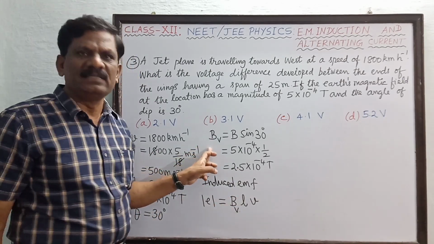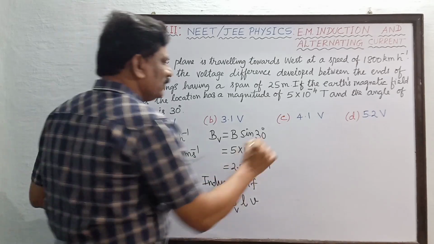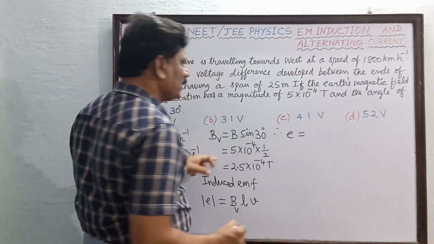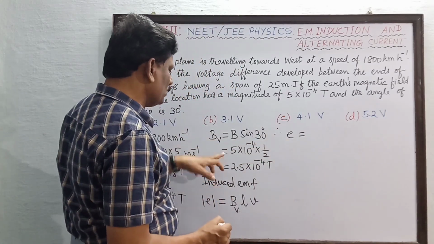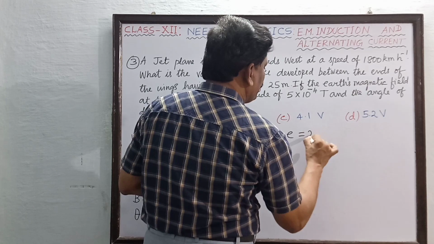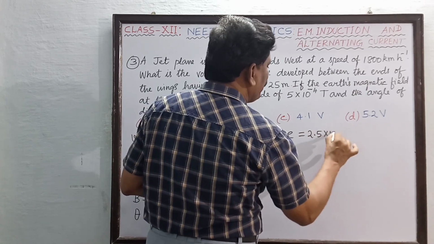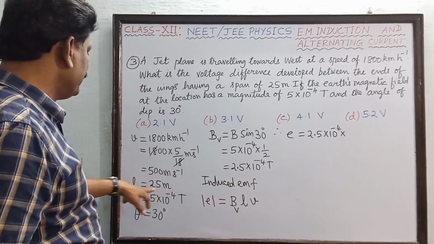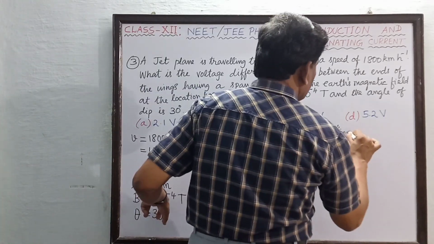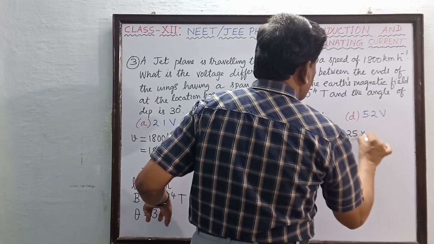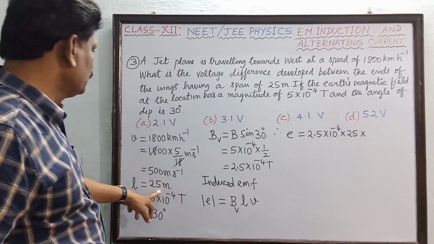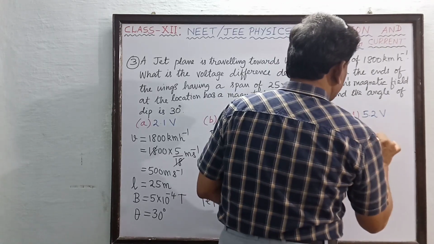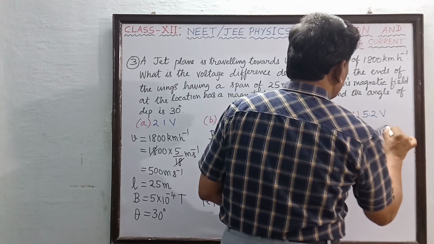So we have to substitute B vertical. Therefore, EMF, or the voltage difference, is equal to 2.5 into 10 power minus 4 multiplied by the length, 25, into the velocity, 500. So this is 5 into 10 power 2.